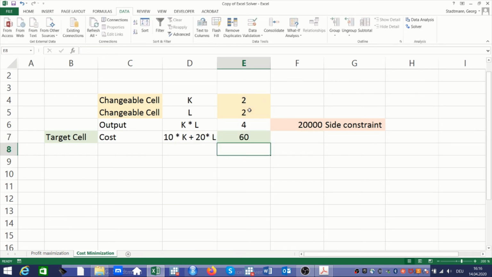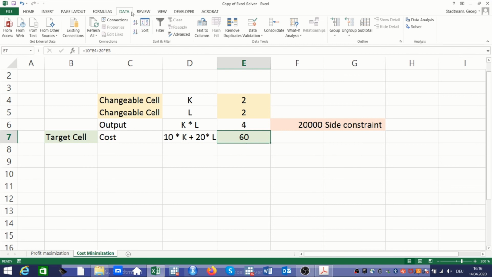So the costs are right now equal to 60. And the target cell is cell E7. So in the end, this number should be minimized. And hopefully this is equal to 4,000 currency units in the end.